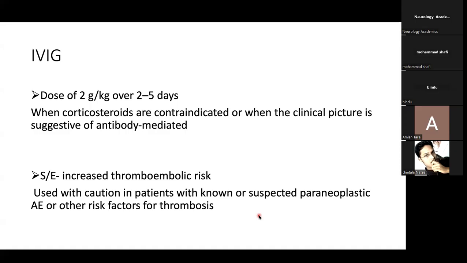The thrombosis, cardiovascular risk. What is the mechanism of action? It attaches to the Fc receptor of the antibody. So what happens?